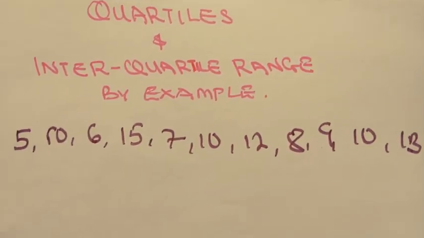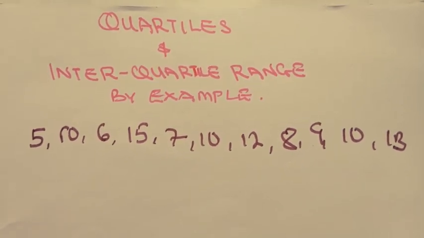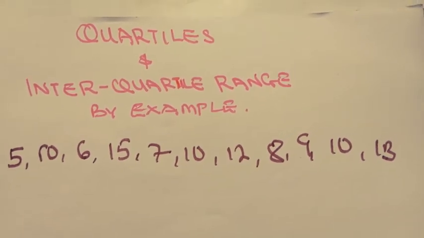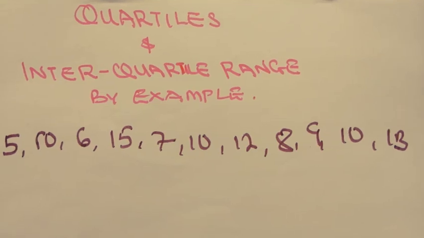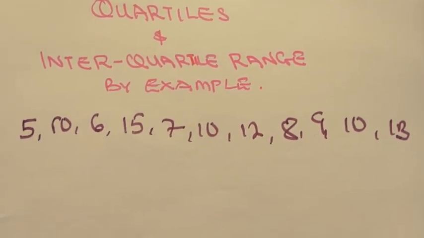So what I'm going to try to do is to find the quartiles and the interquartile range of this arbitrary set of data. And I'm going to use two approaches quickly by example.